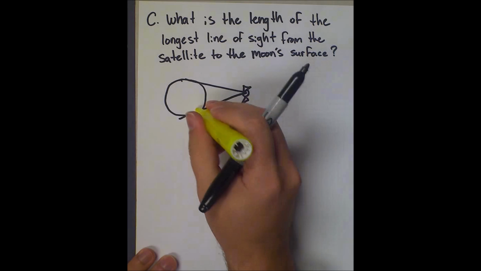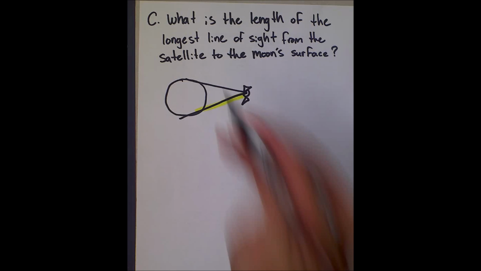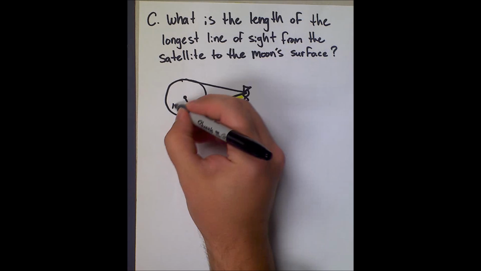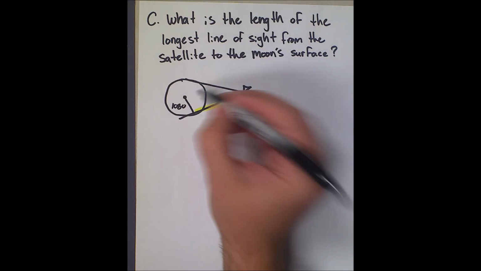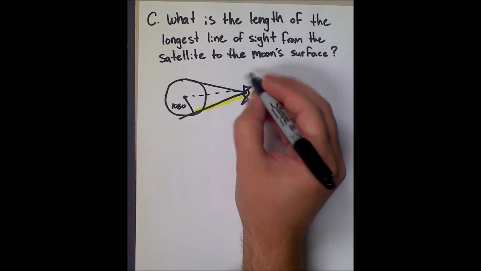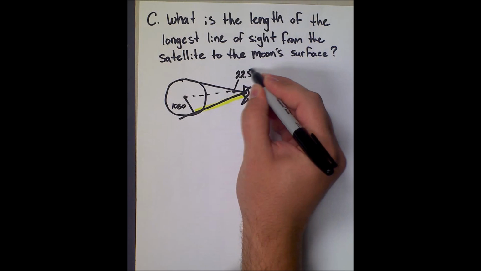So I'm looking for this length. I'm going to use the same information from the previous problem. I know this is 1,080 miles. And I know that this angle is 22.5 degrees.